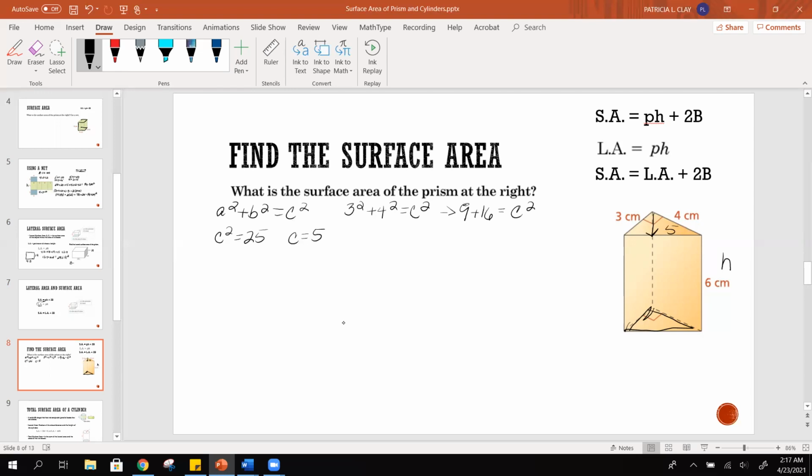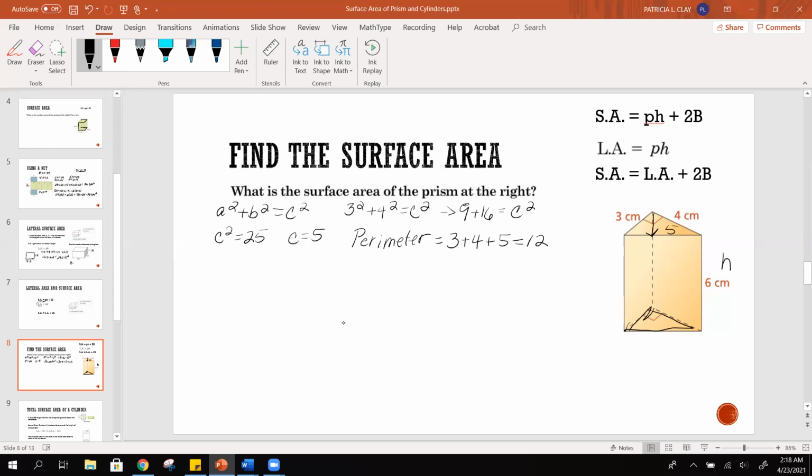So the next step we needed to know was our perimeter. To find the lateral area, we need the perimeter. So let's find the perimeter of our base. I'm going to just put perimeter right here is equal to 3 plus 4 plus 5. So 7 plus 5 is 12.